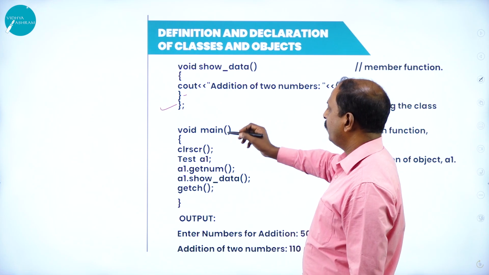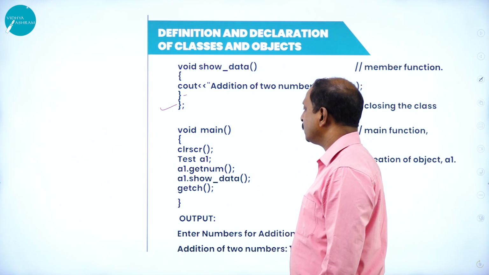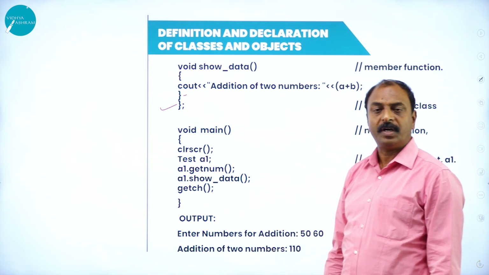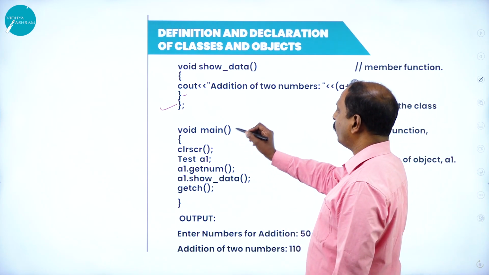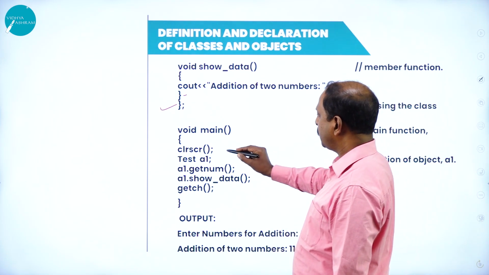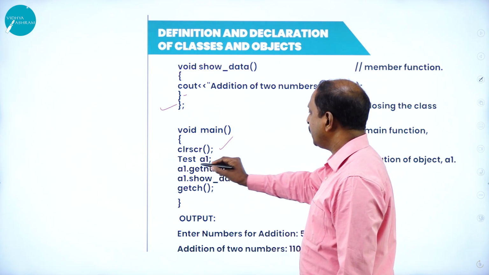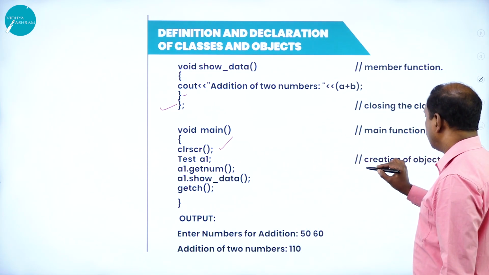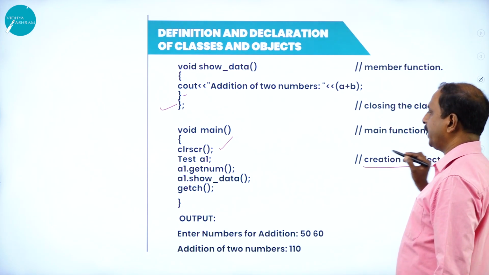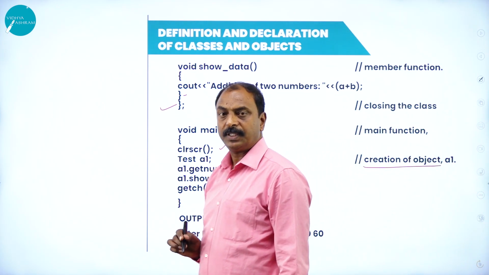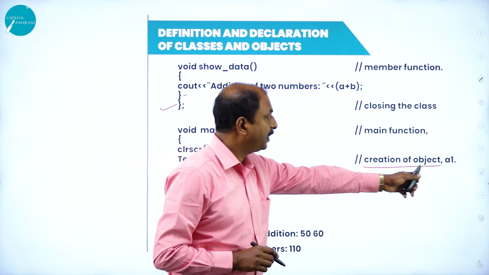Next, we have to write the void main function, because in C++ we must have a void main function. So here first is clear screen, and next is test A1. If you observe this, this is the creation of the object A1. In this example we are creating an object A1.